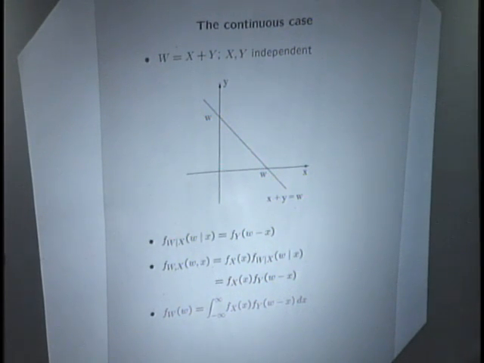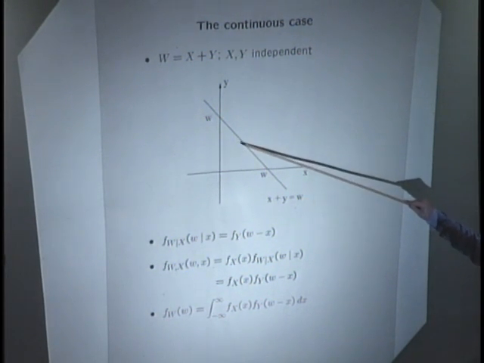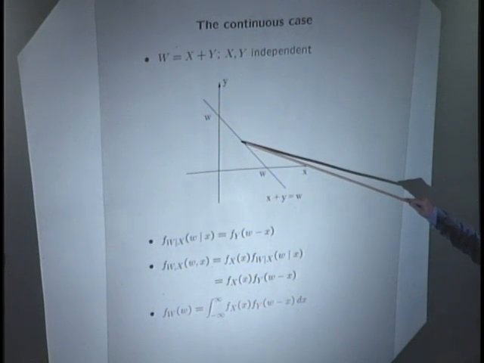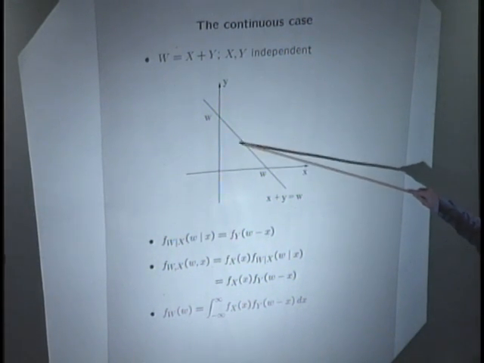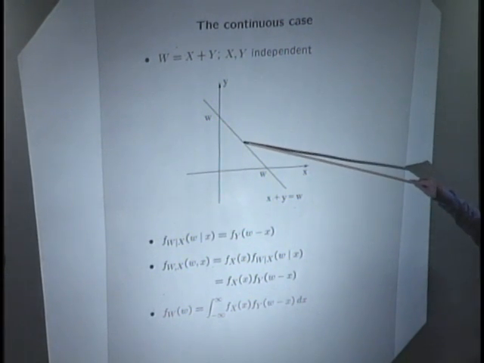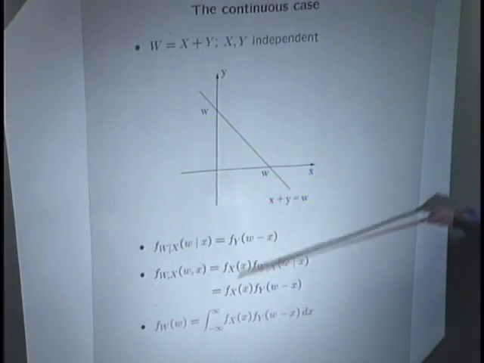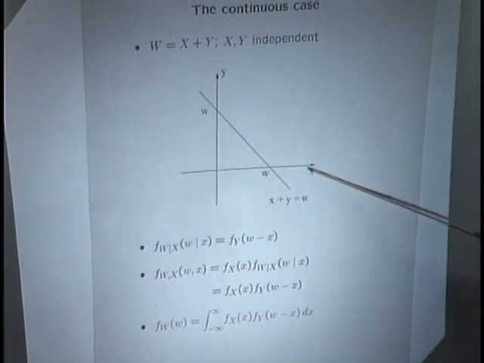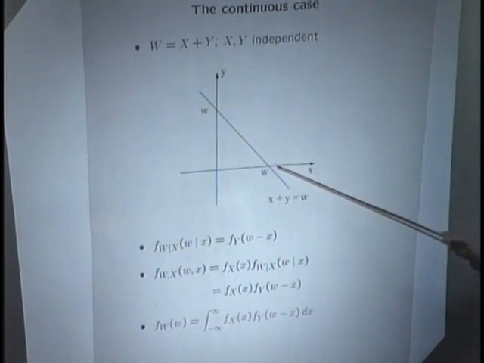We're going to integrate. And for any typical point in this picture, the probability of obtaining an outcome in this neighborhood has something to do with the density of that particular x and the density of the particular y that would complement x in order to form a sum of w. So this integral that we have here is really an integral over this particular line.